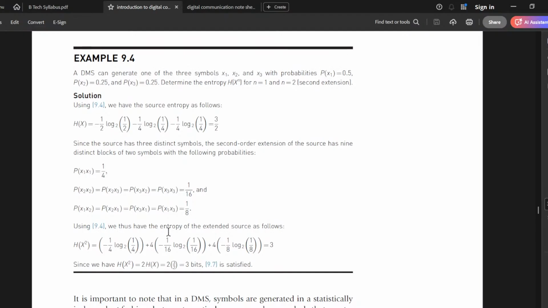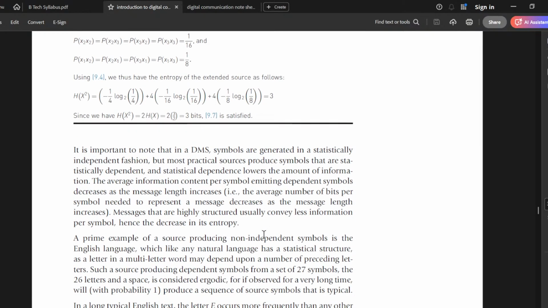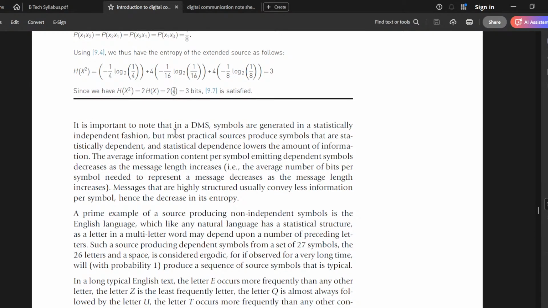So using this, we have the entropy of the extended source: minus 1 by 4 log 2 1 by 4, plus 4 times minus 1 by 16 log 2 1 by 16, plus 4 times minus 1 by 8 log 2 1 by 8, which is 3. Since H(X^2) equals 2 times H(X), equal to 3 bits, this is satisfied. Yes, we have verified.